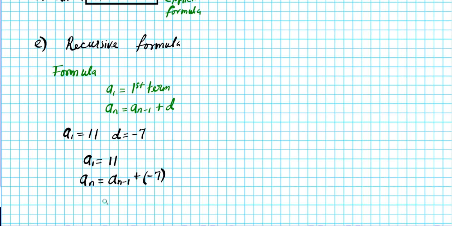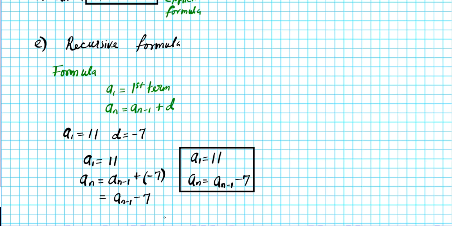And this becomes a sub n minus 1 plus times minus is minus 7. So our recursive formula is going to be a starting term of 11 and the recursive formula of a sub n minus 1 minus 7. Okay, so this is the answer for part E.